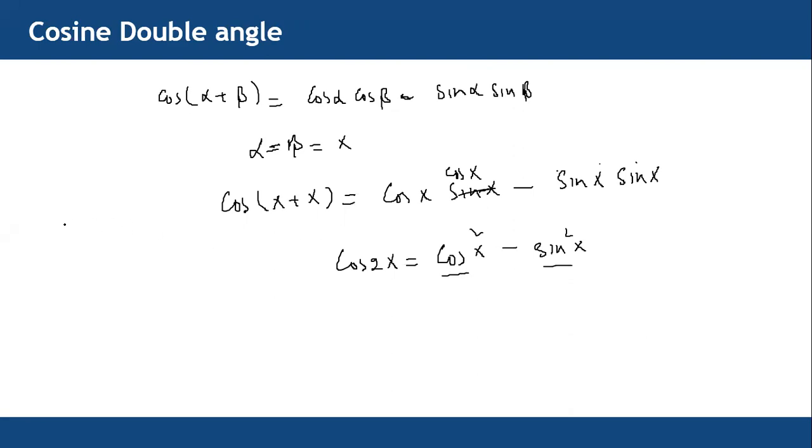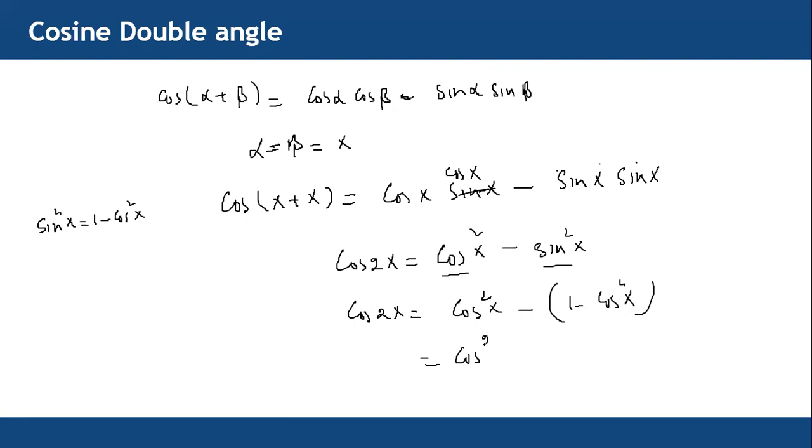Let's suppose you replace sine, then we know that sine square x is equal to 1 minus cosine square x. So cosine 2x equals cosine square x minus (1 minus cosine square x). We replace sine square by 1 minus cosine square. So we have cosine square x minus 1 plus cosine square x, minus multiplied with plus, so both are positive: 2 cosine square x minus 1. This one is the cosine 2x formula. Correct?